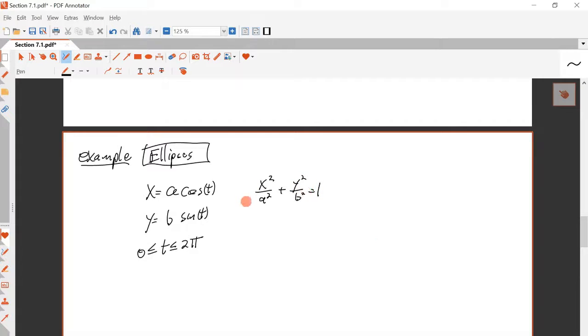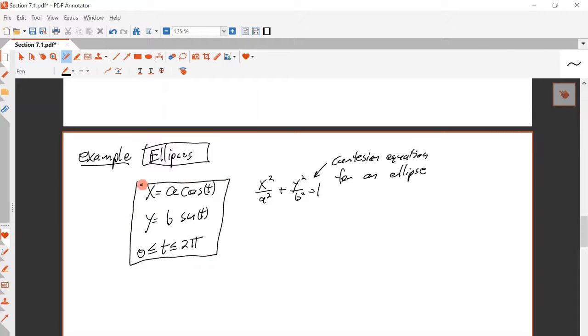That's the rectangular Cartesian form equation for an ellipse. And these are the parametric equations for an ellipse.